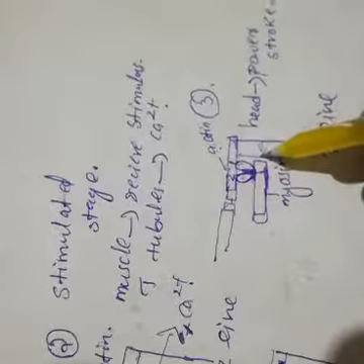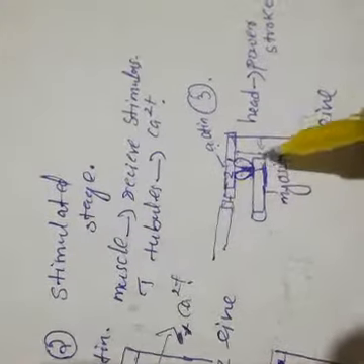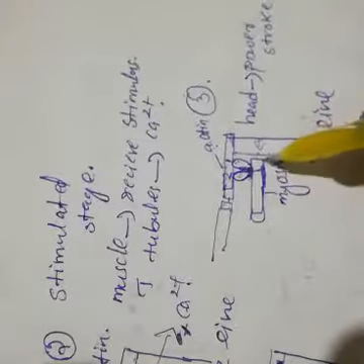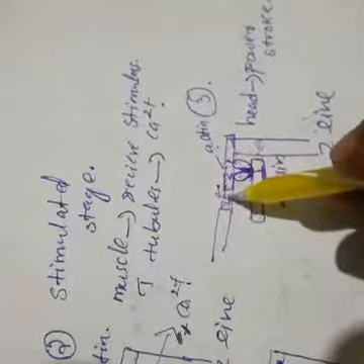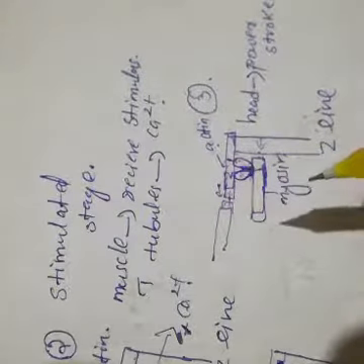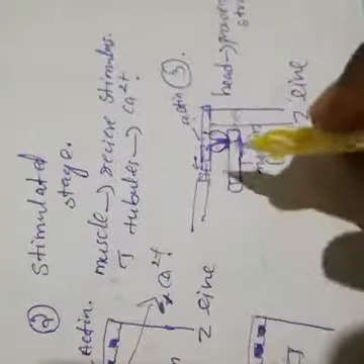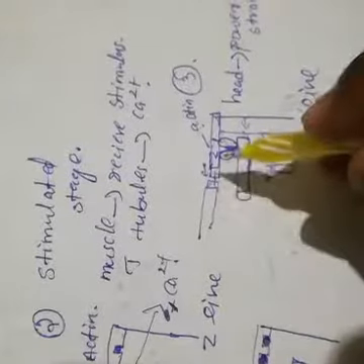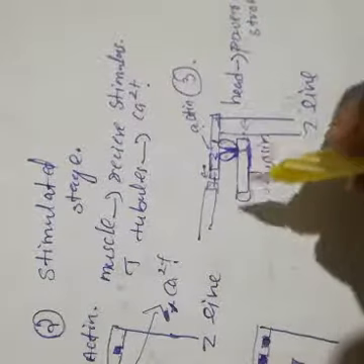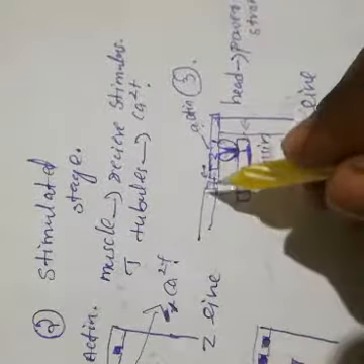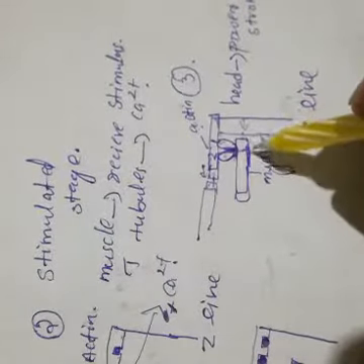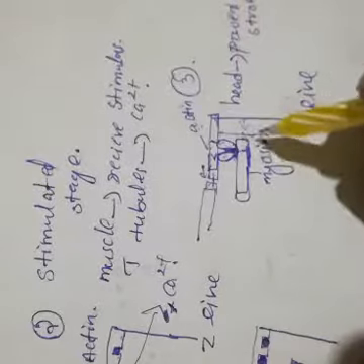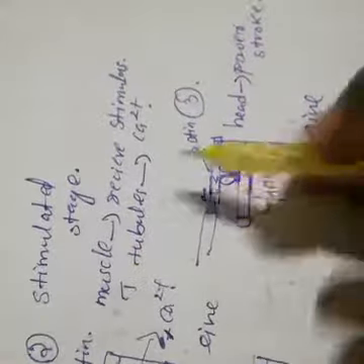So the distance between the Z line and the myosin filament is reduced. Also the distance between two actin filaments is reduced. By this power stroke, the distance between two actin filaments and the distance between the Z line and the myosin filament are reduced.